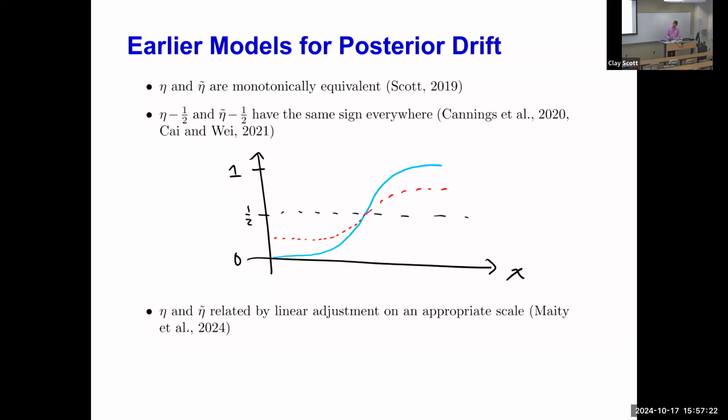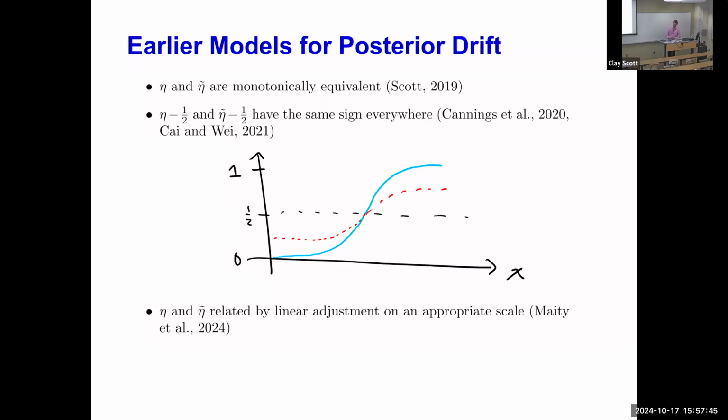There's also recent work that came out of Michigan, the stats department. Shubha Mehdi was a PhD student there, advised by Yukai Sun and Muli Banerjee. They came up with a model where eta and eta tilde were related by a linear adjustment on an appropriate scale.